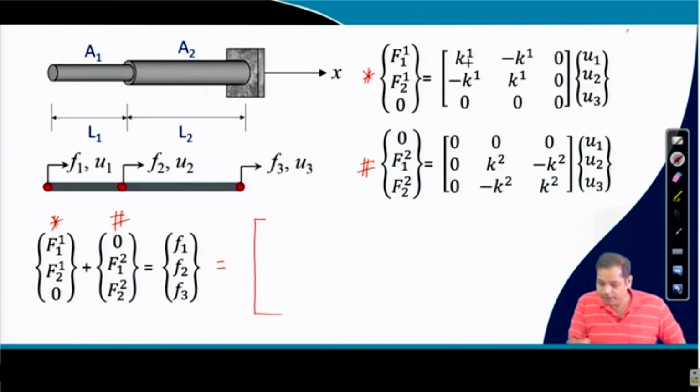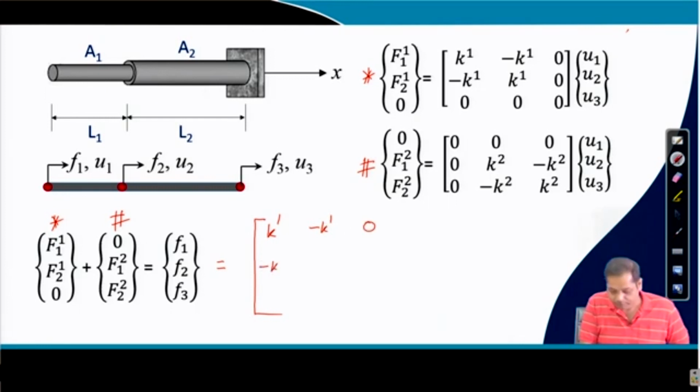So this will be K1, and then this will be minus K1, and then finally this will be 0, and this will be minus K1, then this and this plus we need to add.